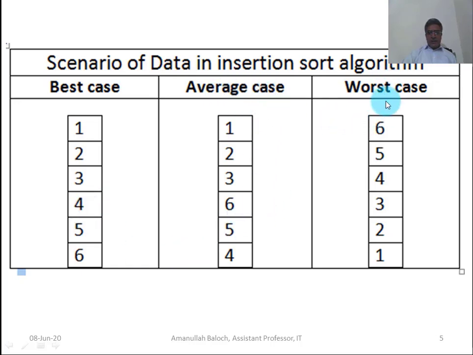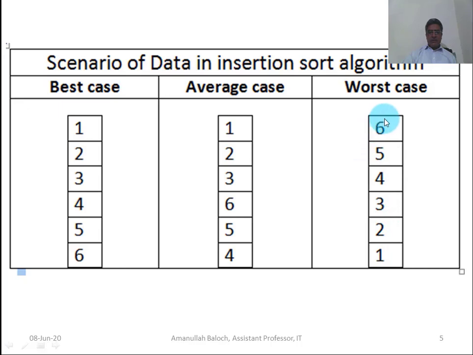In worst case analysis, the data is entirely in descending order. The values 6, 5, 4, 3, 2, 1 are in the array. This is a 6 element array, and these 6 values are in descending order, and we have to convert them into ascending order.